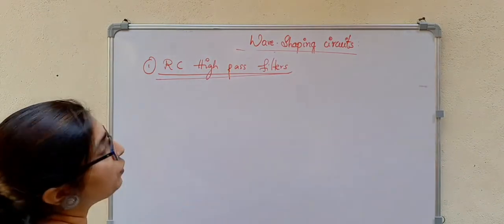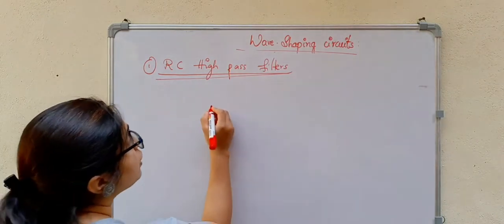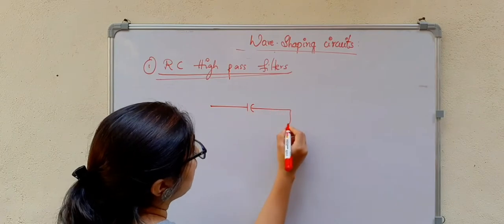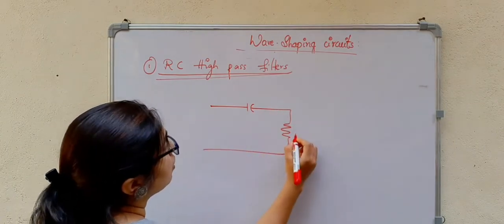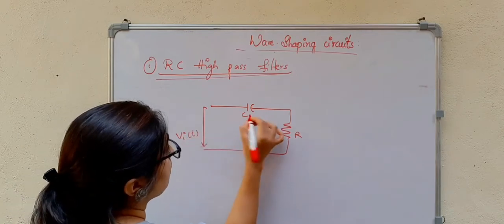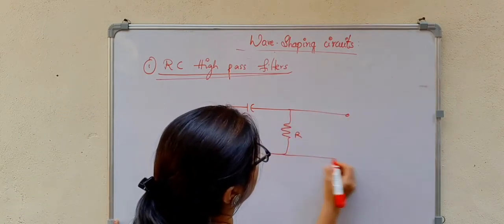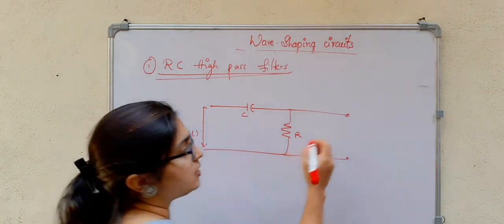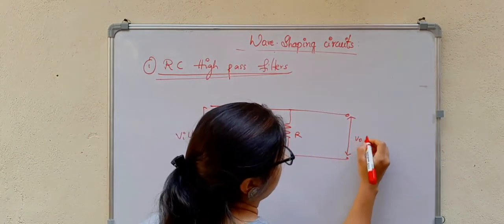How are we going to design this RC high pass filter? Here we have a capacitor and here we have a resistor. Here I will apply the input Vi(t) across the capacitor, and the output I will measure across the resistor R, that is Vo(t).